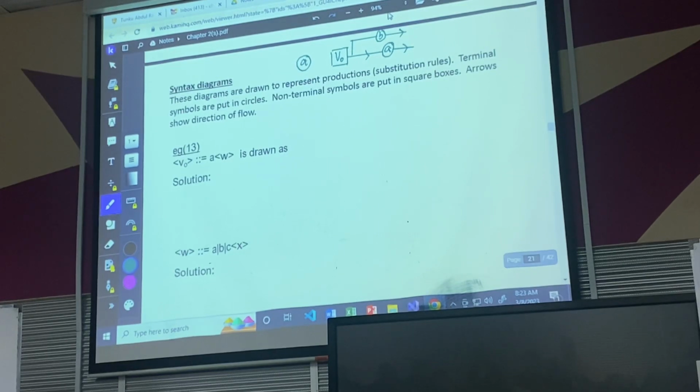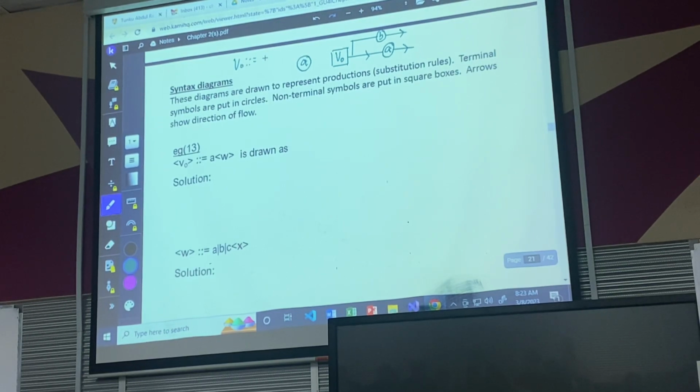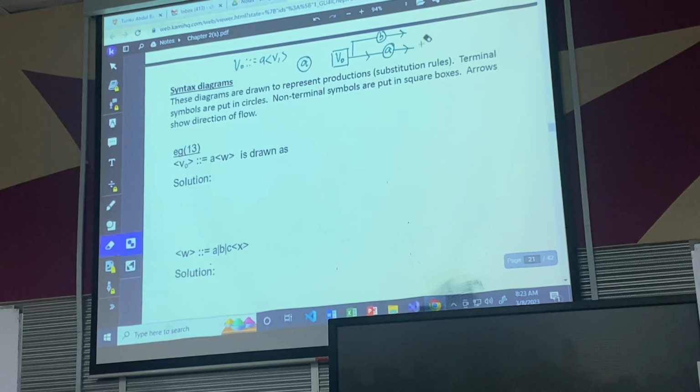Now, let's say I want to substitute V0 with A, and after the A I have a non-terminal, like V0 substituted with A V1. The V1 is a non-terminal after the A. So you can draw another V1 here.